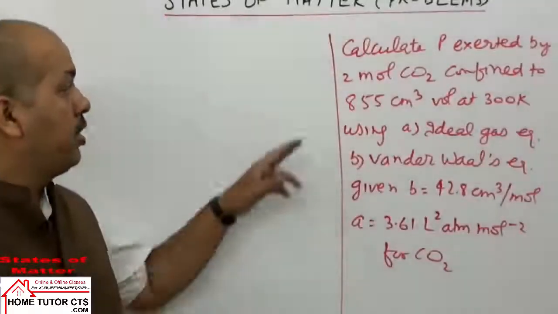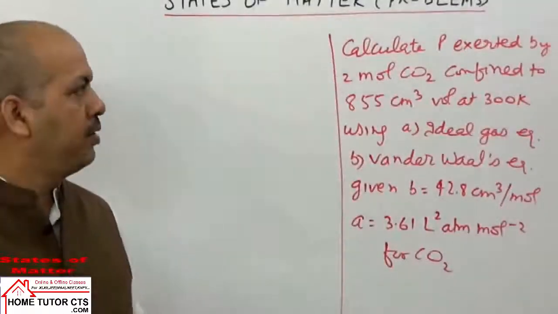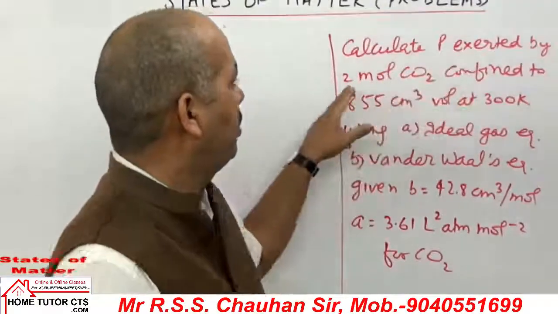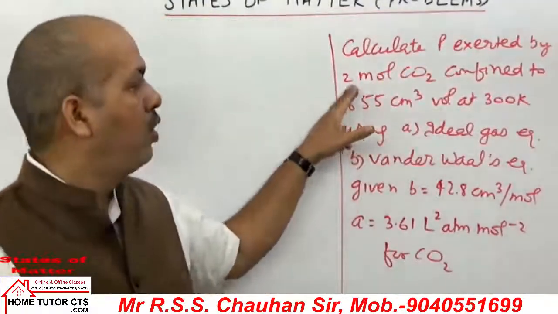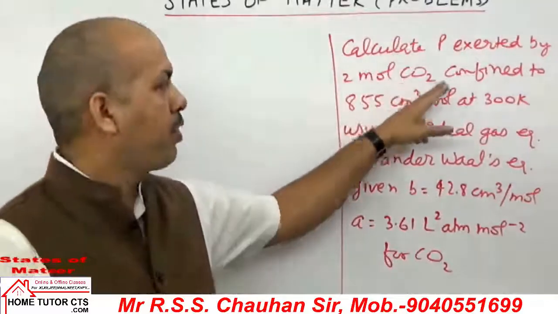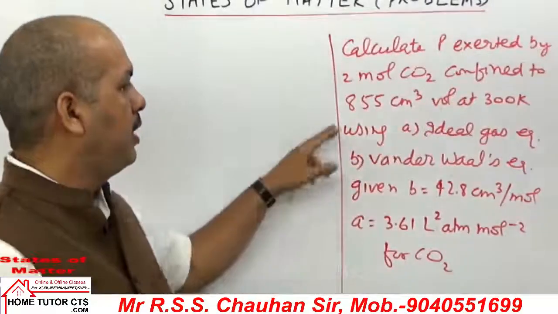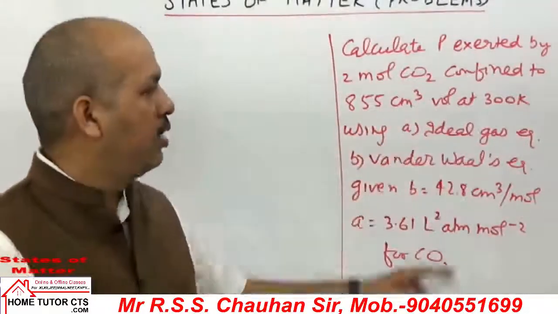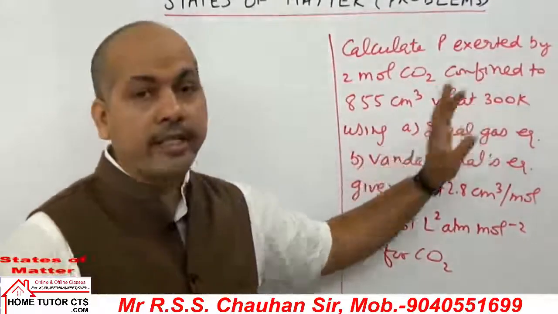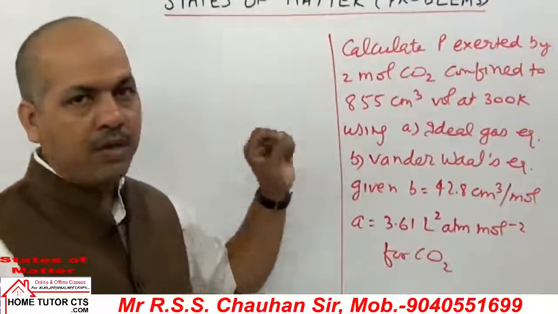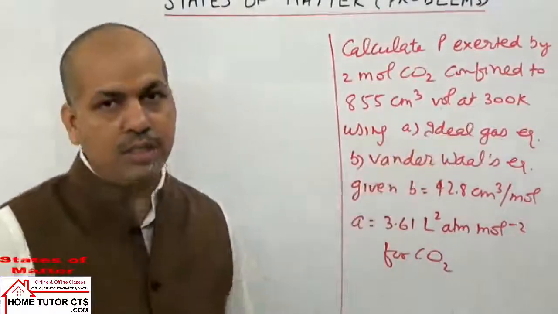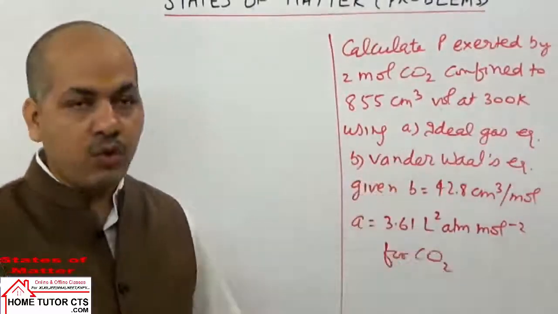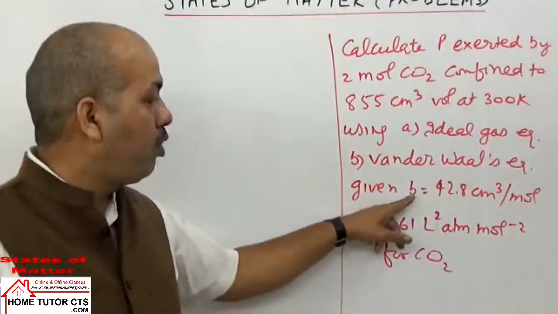Now write next question. देखिए, calculate the pressure. Calculate pressure exerted by 2 moles of CO2 confined to 855 cc volume at 300 Kelvin using first ideal gas equation, second or B part is given van der Waals gas equation, given the value of small a and small b.